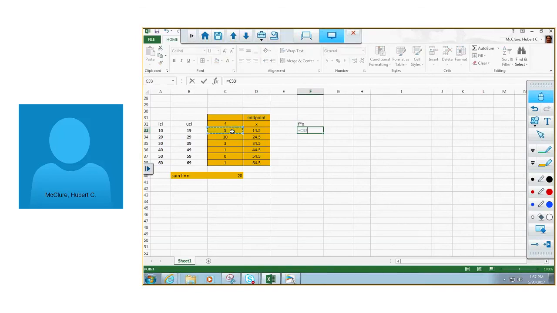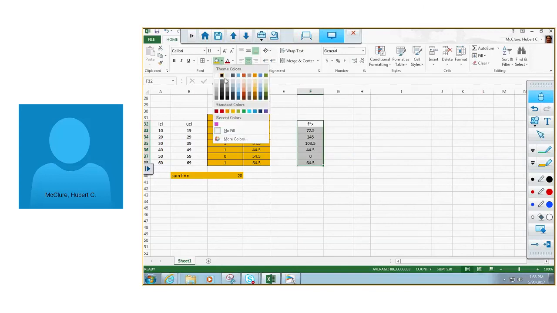That's equal to 5 times 14.5, and then we're going to copy that down. And I'm going to color that green because that's part 2.